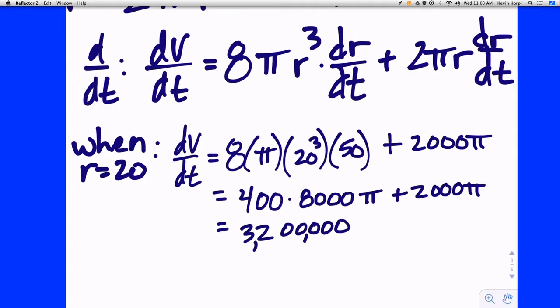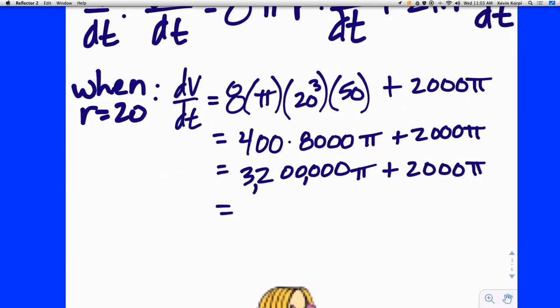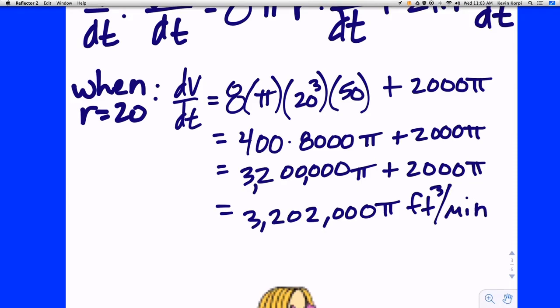Wow, that's 3 million. Poor wildlife, aquatic life. Now, if you want to add those together, those are like terms. So you get 3,202,000 pi. Wow, cubic feet per minute. And yes, that's realistic.